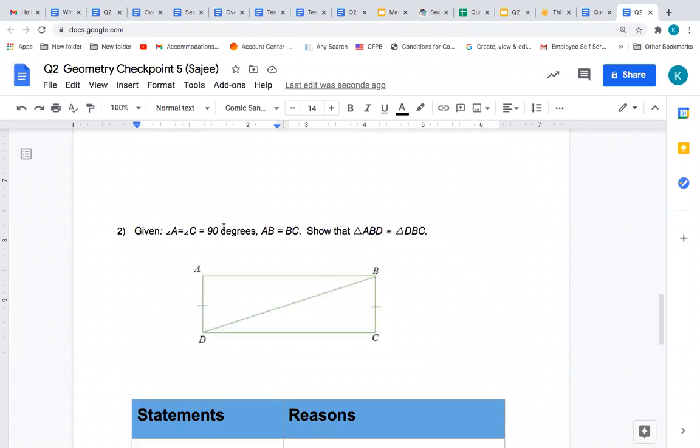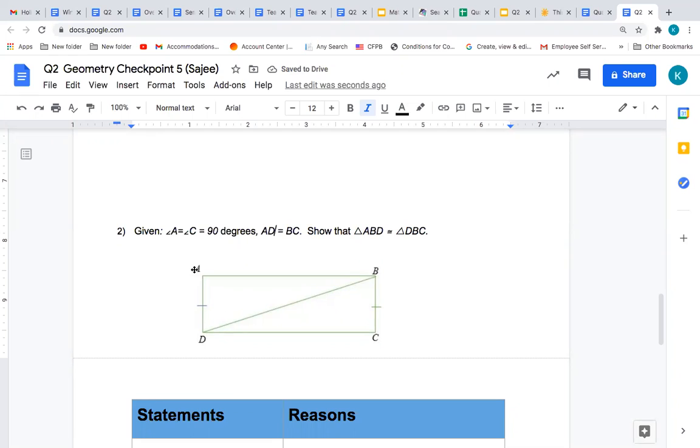And there's another question. You have angle A is 90 degrees and angle C is 90 degrees. And then AD is equal to BC.